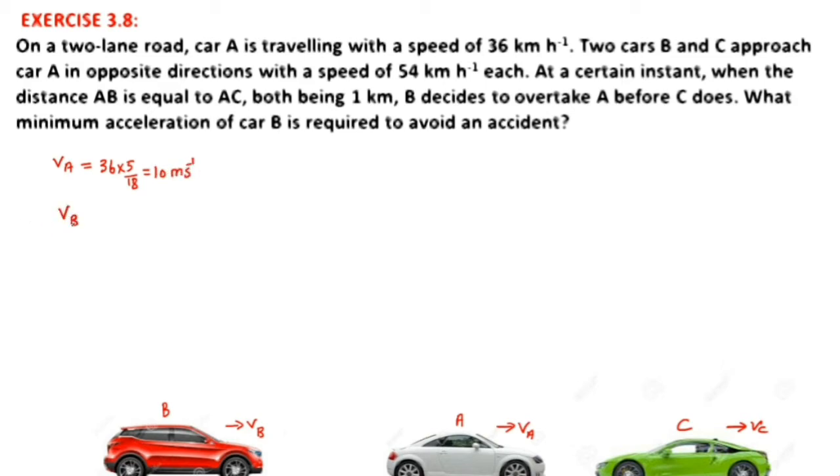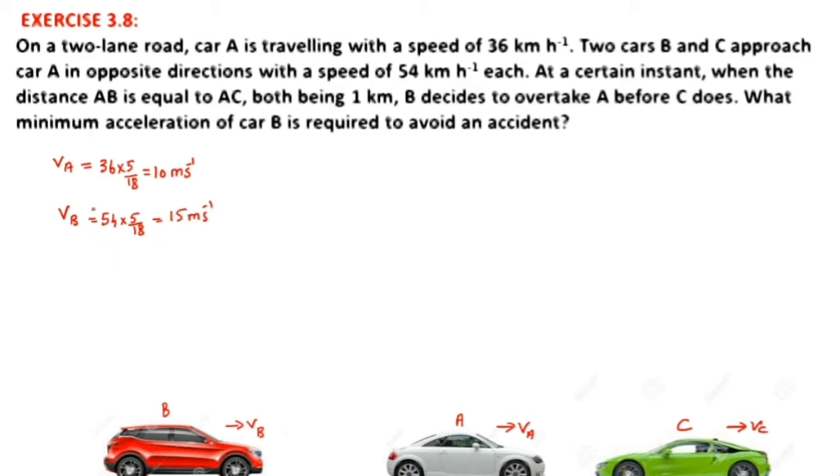What is VB? VB as well as VC are both equal. VB is equal to 54 km per hour converted into meter per second. That is equal to 15 meter per second.